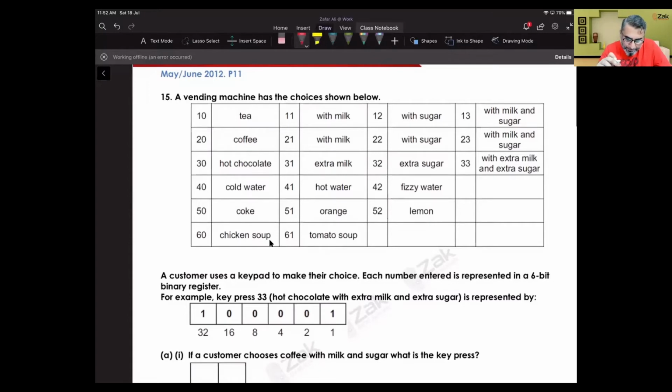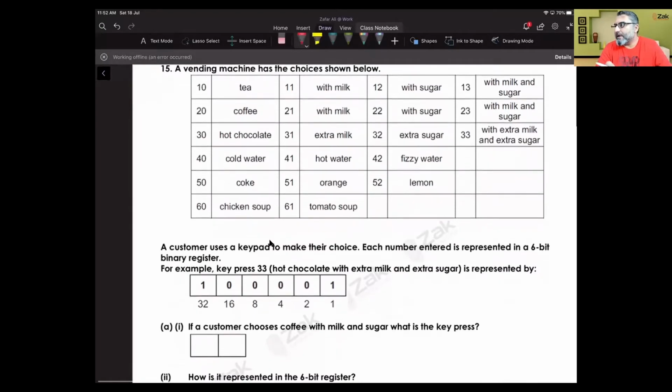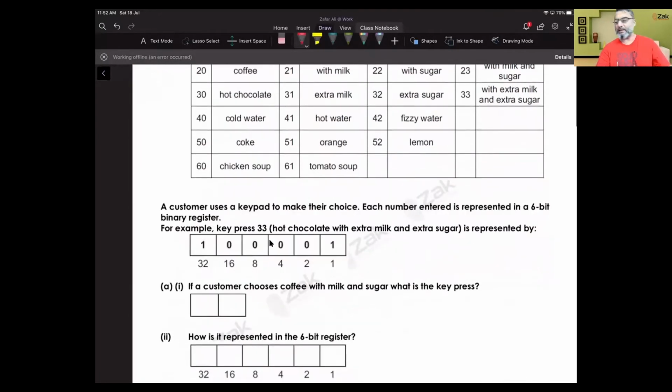So pay attention to these menus. Now it says that a customer uses a keypad. Keypad is like your cell phone keypad or your ATM keypad.